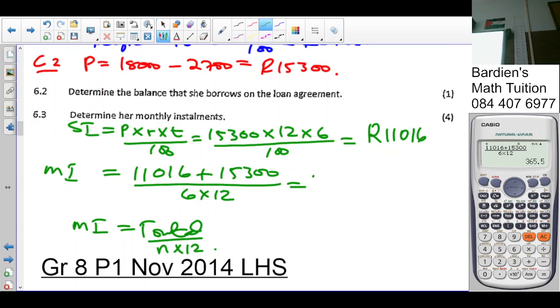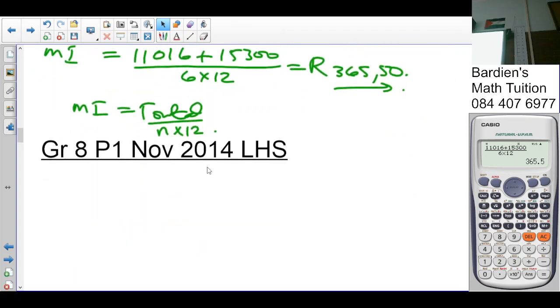So that gives me a monthly installment of 365 rand and 50 cents. Okay. But as I indicated, you guys weren't exposed to this as yet.